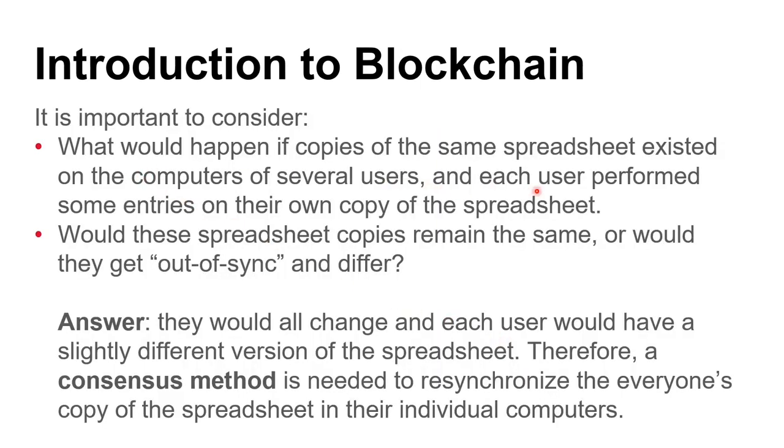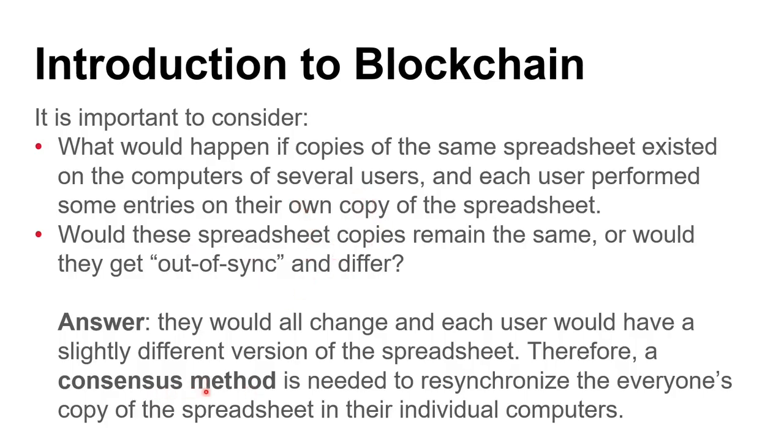Since everybody has the same copy of the spreadsheet, we'd have to say to ourselves, well, even though we are updating with the same general information, the spreadsheet copies could get out of sync. So they may differ slightly.